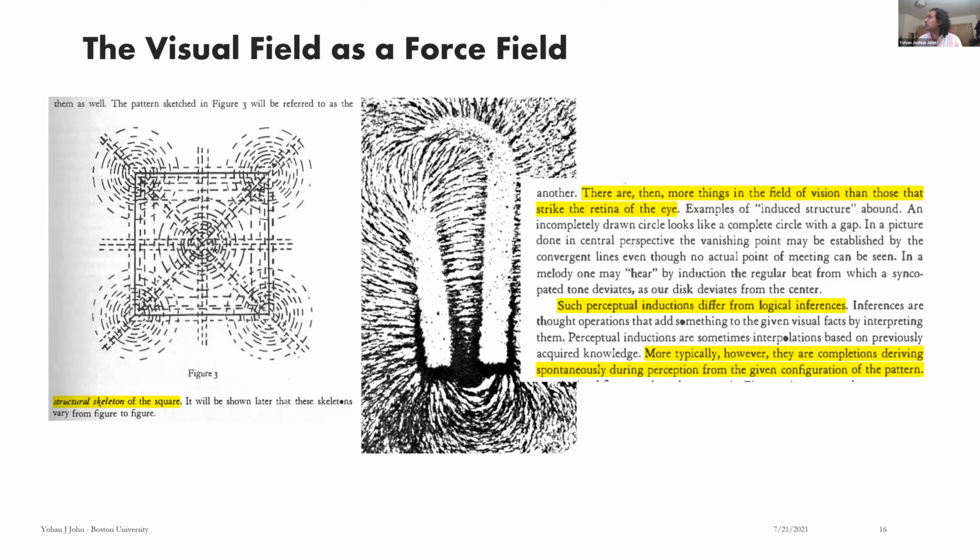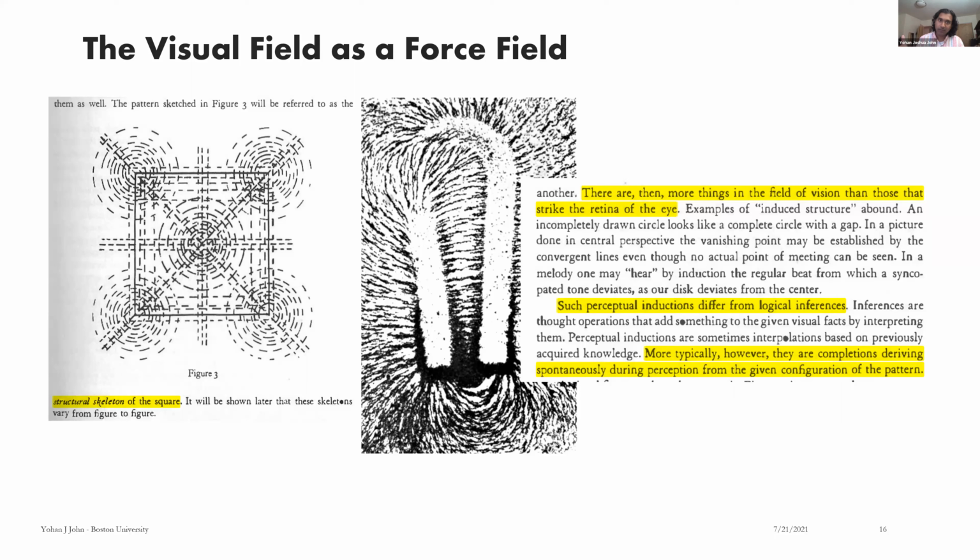Perceptual inductions are sometimes interpolations based on previously acquired knowledge. More typically, however, they are completions derived spontaneously during perception from the given configuration of the patterns. I was saying the other day that one difference between adaptive resonance theory and, say, active inference models is that many of the active inference models only have inhibition going from top to bottom.